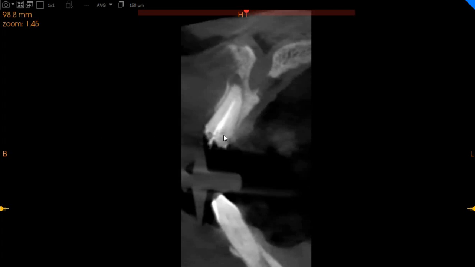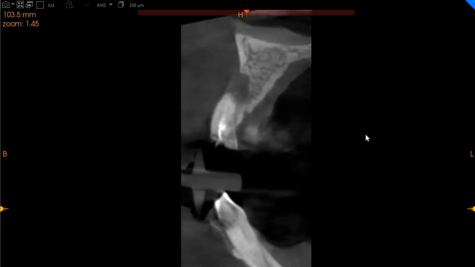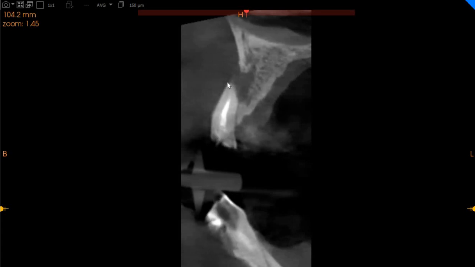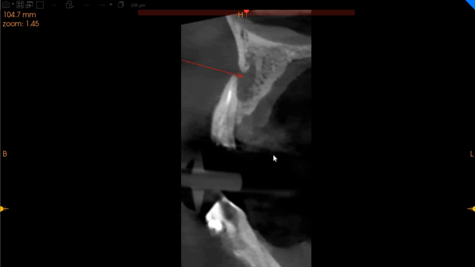Moving to the central incisor on the upper left segment, we've got an endodontically treated tooth, but again a periapical radiolucency which is perforating the cortex here. This radiolucency that you see is the incisive foramen. The upper right lateral incisor is again endodontically treated, and here you can see you've got a periapical radiolucency perforating the cortical plate here as well.